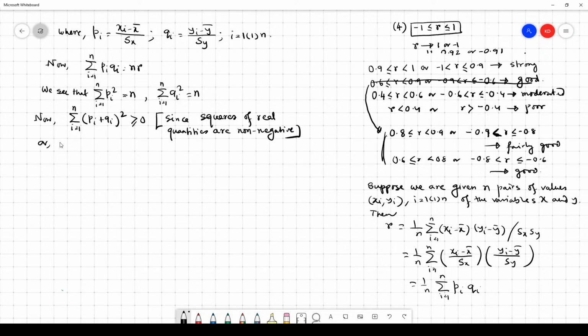If you expand this left hand side, summation pi square is n, summation qi square is again n, and this is plus 2 into summation pi qi, which is equal to nr. So this is 2n plus 2nr greater than or equal to 0, or 1 plus r greater than or equal to 0. This implies r greater than or equal to minus 1.